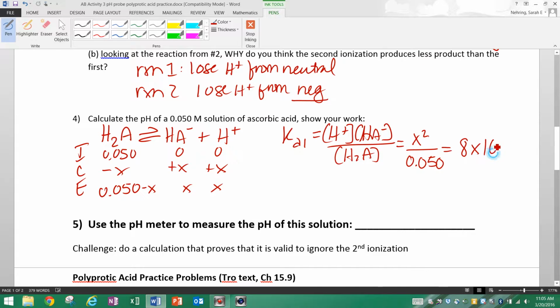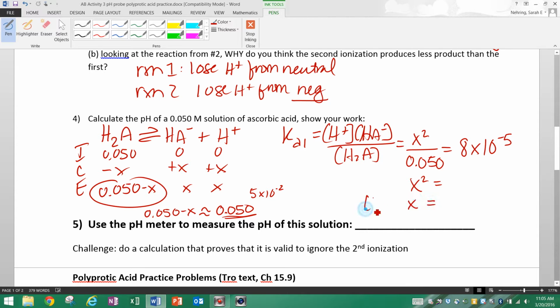And remember, we're making the assumption that 0.050 minus x is about the same as 0.050, since K is at least 10 to the third smaller than this starting value. In this case, we're just barely hitting that standard, because we could write this as 5 times 10 to the negative second, and this is 10 to the negative fifth, so we're just barely 10 to the third smaller.